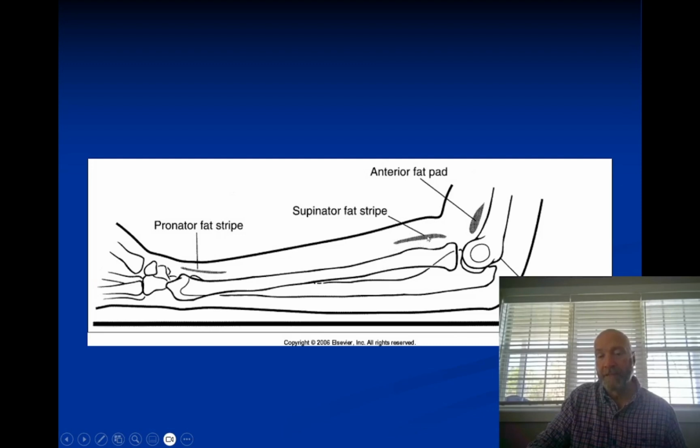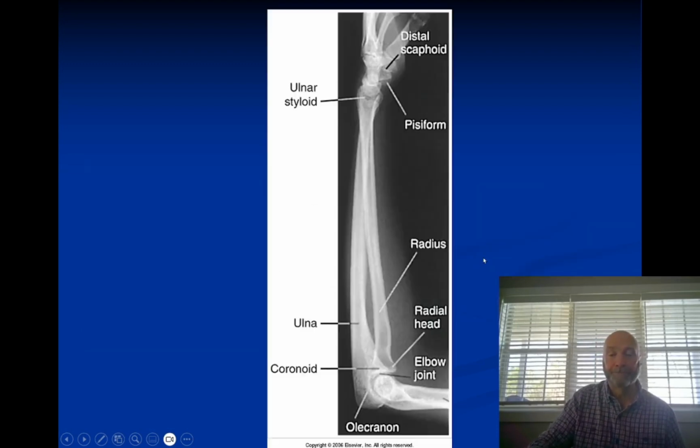If this one is displaced, it's a pretty good indication that you've got a radial head fracture, a radial neck fracture. Anterior fat pad indicates you might have a distal portion of the humerus fractured. And if you visualize the posterior fat pad at all, I'll almost guarantee you've got a fracture there. So you want to be able to see all of those.